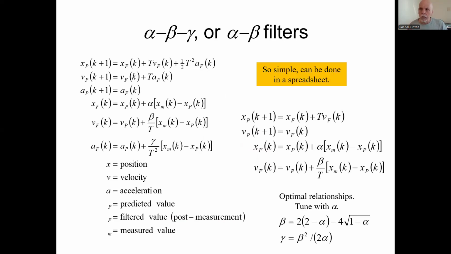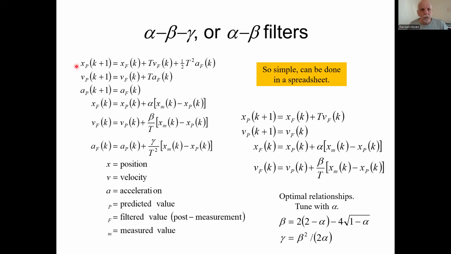If you do all that, you get simple scalar equations, so simple you could do it in a spreadsheet. I guess that's still a computer. It's simple enough you could do it by hand, although it would get tedious if you had a lot of measurements.